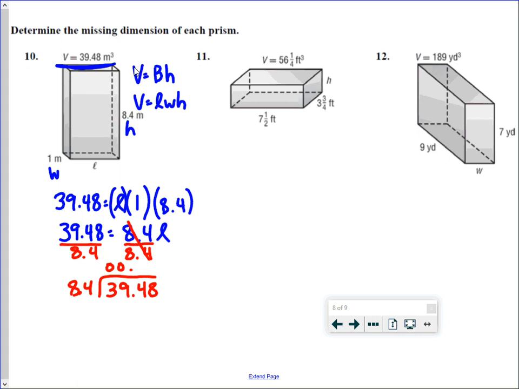So let's redo this. I missed that 8.4. I thought it was 84. So 8.4, and it's 39.48. So we're going to move the decimal over 1 so we can divide this easier. I'm going to go ahead and rewrite it so it's a little easier.